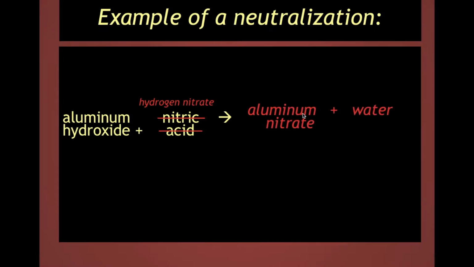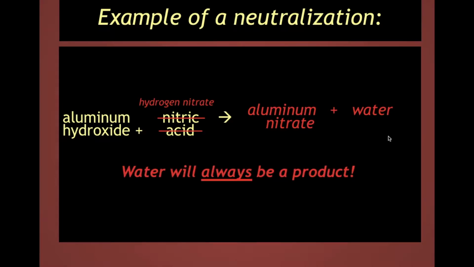So you'll have the metal from the base, and then you'll have the non-metal from the acid. Okay, so aluminum nitrate, and then the hydrogen and hydroxide. Remember, hydroxide is OH, and hydrogen is here, so you have two H's and an O. That's H2O.